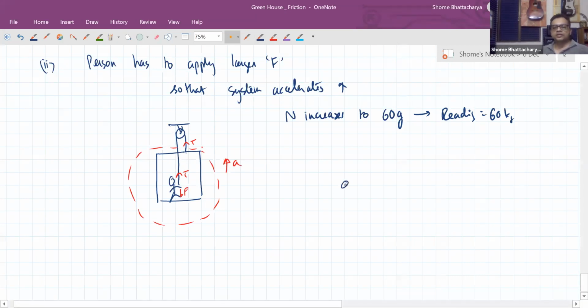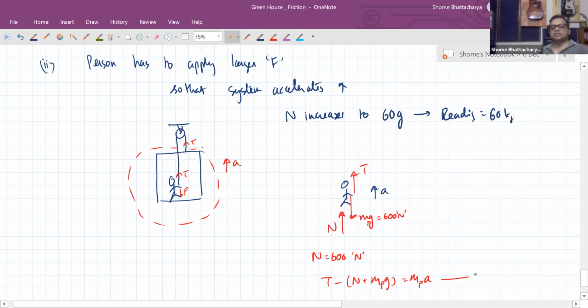So now when you look at his free body diagram, it's having some upward acceleration E because of the combination of the new value of tension and new value of normal reaction. So this is still 600 newtons, but we also want normal reaction here should be equal to 600 newtons. So T minus N plus the weight of the person is equal to mass of the person into E. This is our first equation.